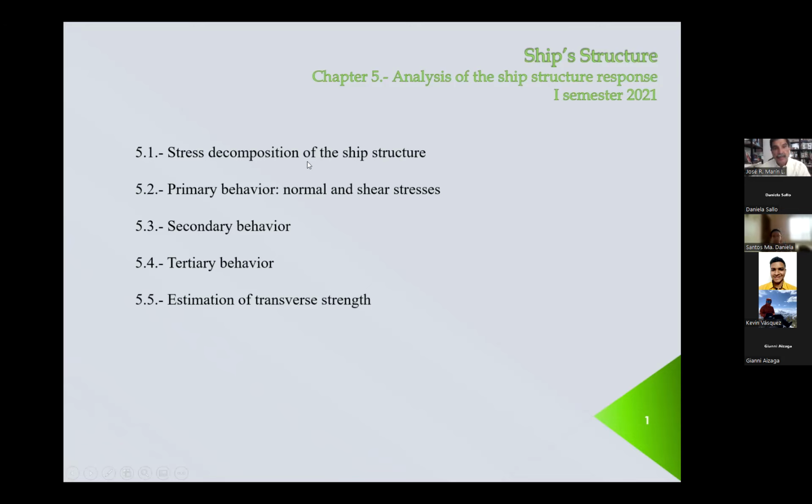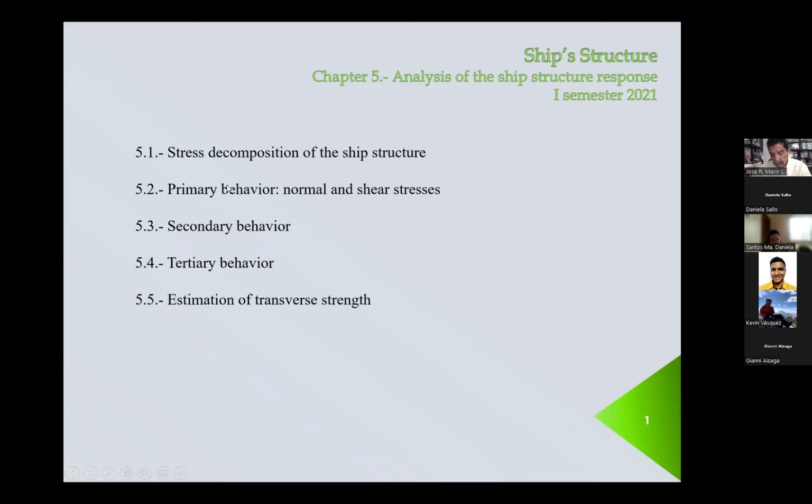And we can do that by applying this decomposition, okay? This decomposition means that we're going to consider the structure in 3 ways. First, that's going to come next, in the 5th week. We will talk about the hull being considered as a beam, and that's what we call the primary behavior.